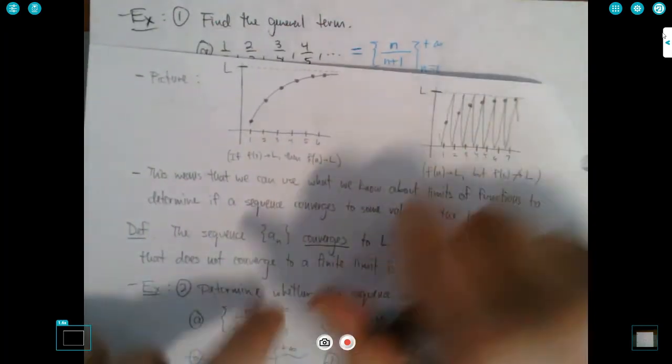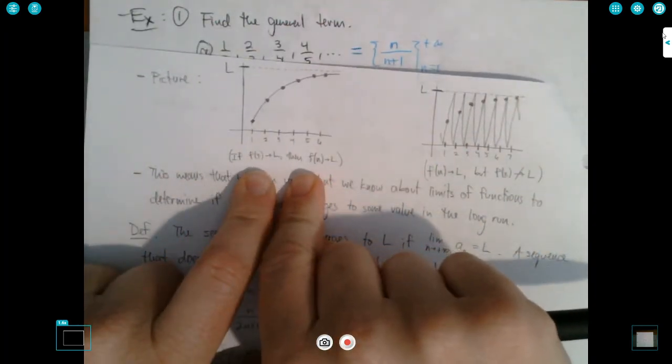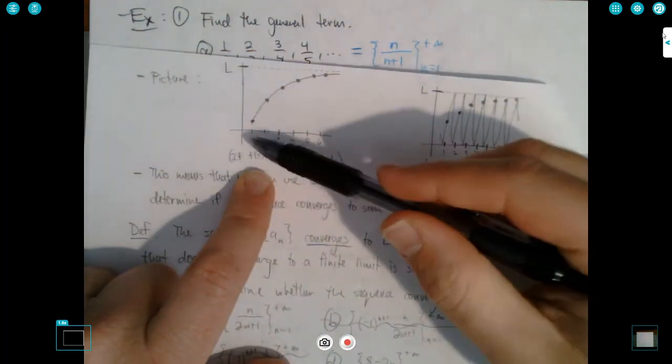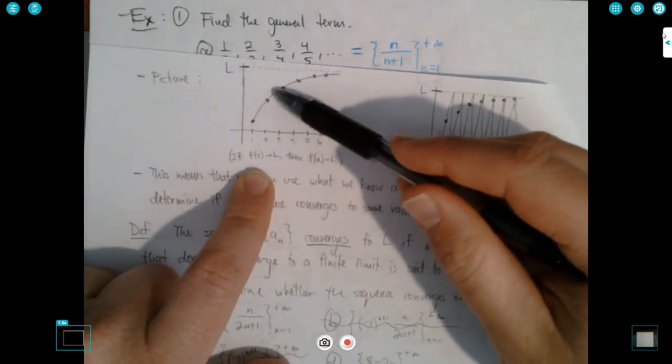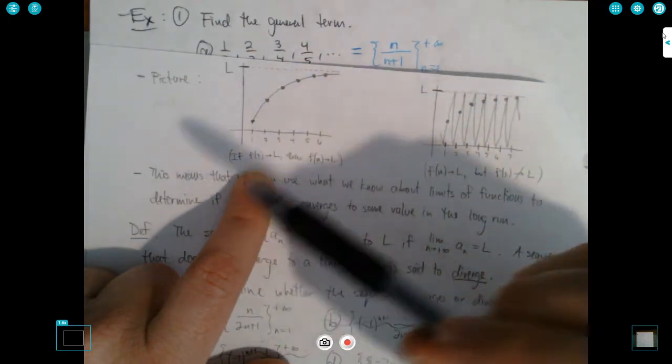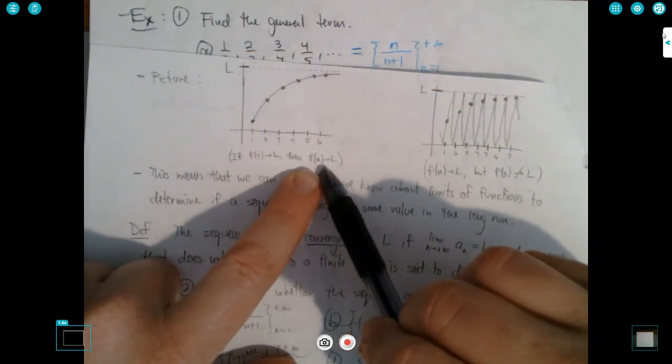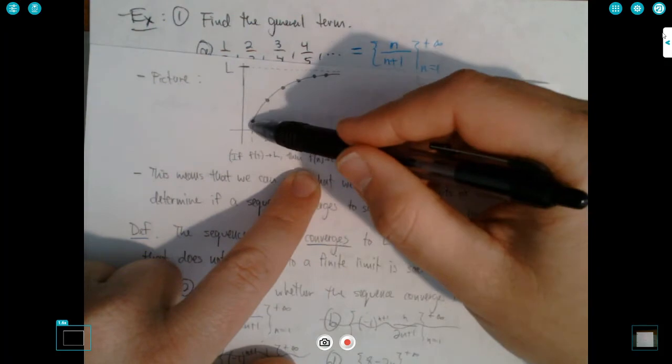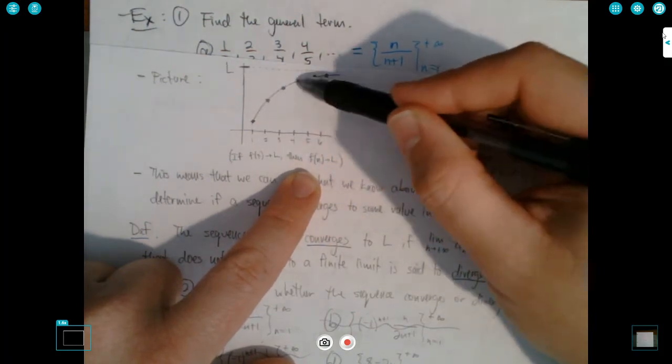Okay, so here's a picture. I'm representing f(x) by the continuous line, because we're talking about all real numbers, and I'm showing f(n) just by the dots on the line.